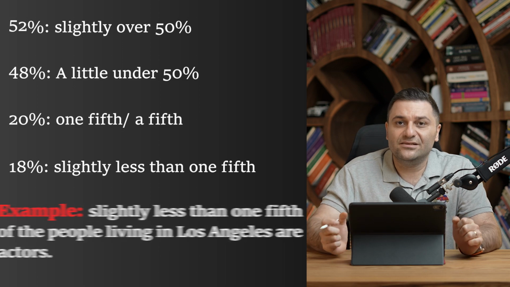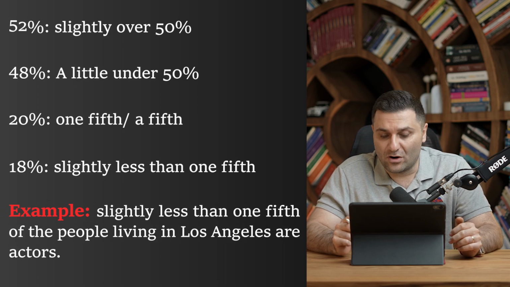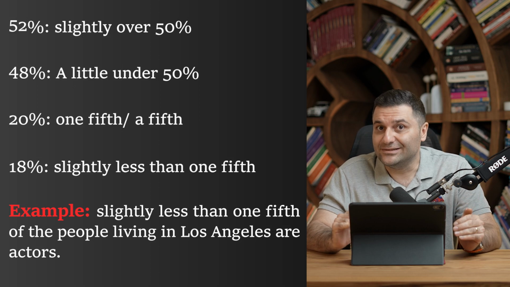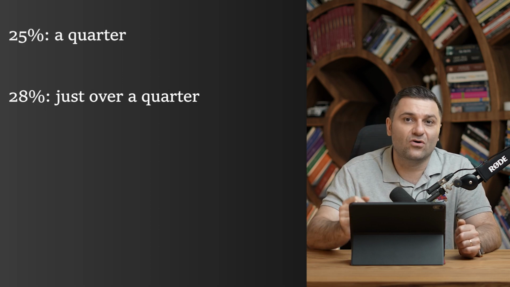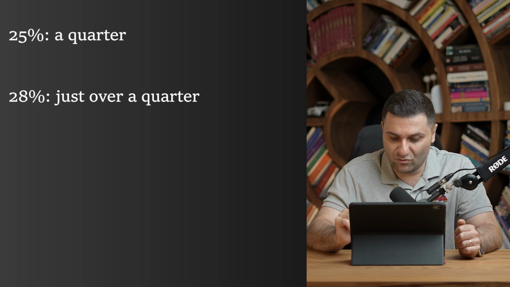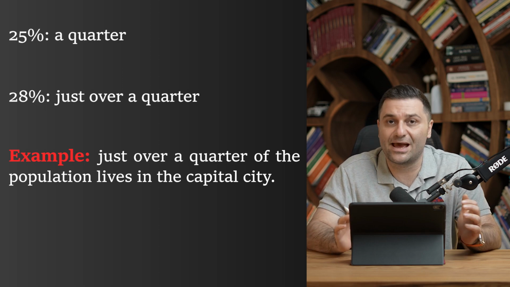For example, slightly less than 1/5 of the people living in Los Angeles are actors. Instead of 25%, you can write a quarter. And 28% is just over a quarter. For example, just over a quarter of the population lives in the capital city.